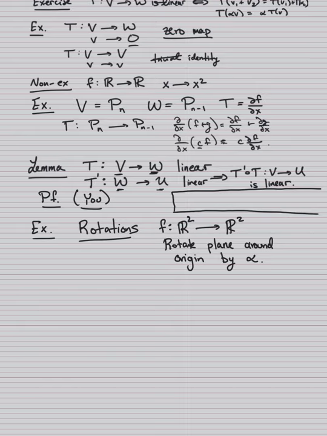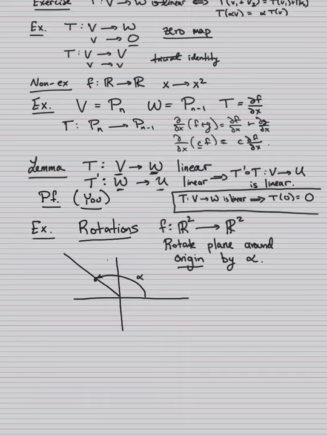Notice that for any linear transformation, if T from V to W is linear, this implies that T of 0 in V is 0 in W. In particular, this is why I have to rotate around the origin. I'm fixing 0. If I do some other rotation around another point, it's not going to be a linear transformation.